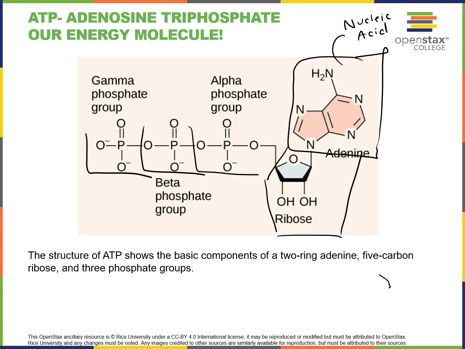We talked about functional groups a little bit in lab, but ATP is a 2-ring adenine, that's this, 1 ring, 2 rings, a 5-carbon ribose, that's this guy right here, and then the 3 phosphate groups. A, T, tri, P, phosphate.